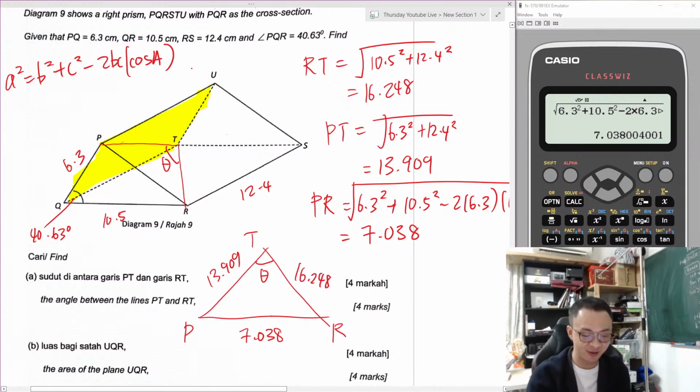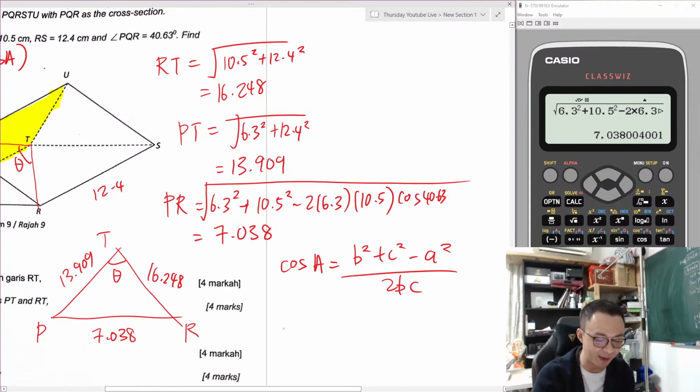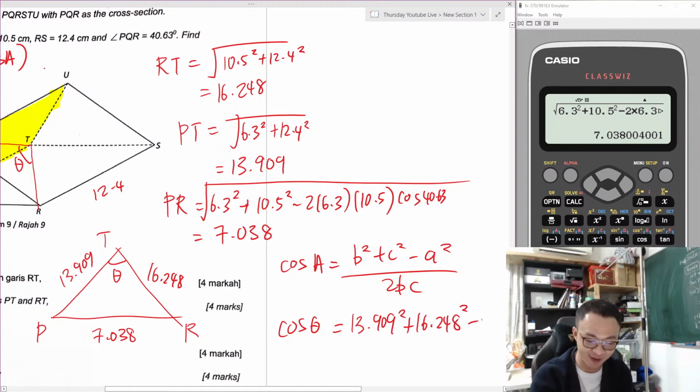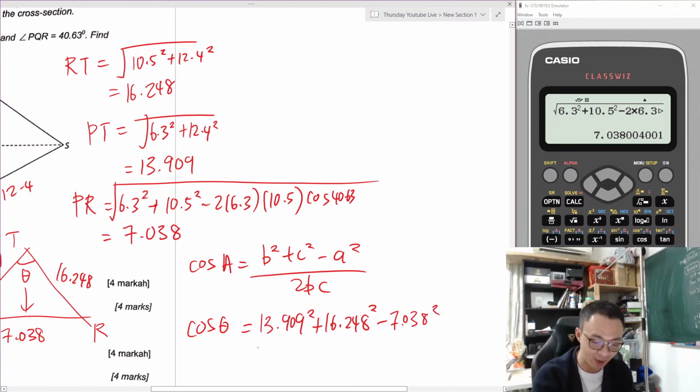Alright, so I need to use the cosine rule again. This time I use cos A equals B squared plus C squared minus A squared over 2BC. It's exactly the same formula just now, I rearrange it. So in this case, it's cos theta. B and C are both side ones: 13.909 square plus 16.248 square minus the opposite length. This is A, 7.038 square, over 2 times 13.909 times 16.248.